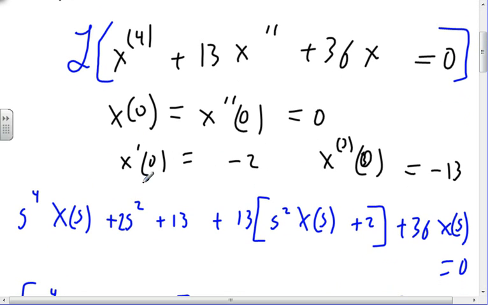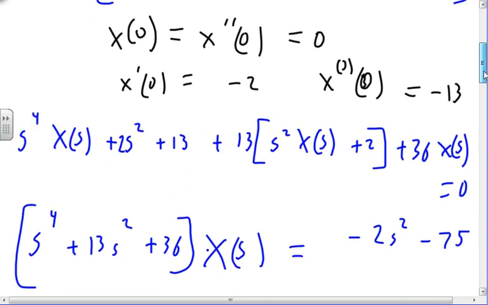Now it could be that the grad student made a mistake. S to the 4th x of s, minus the function at 0, which is 0, minus the first derivative times s squared at 0. Okay, so that's correct. And then the third derivative, that would be correct. 13 s squared and 2, so that's a minus 2, so that's correct.